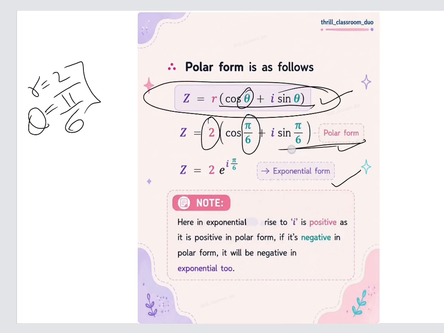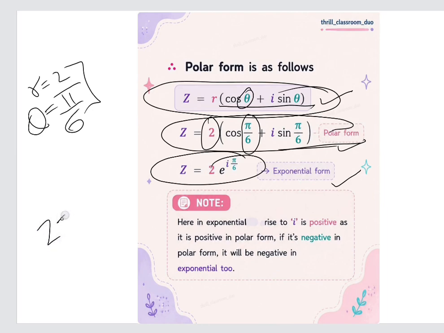And hence we got the polar form. And the same you can do with the exponential form. The formula for exponential form was z equals r into e raised to i theta. So just put up the value of r and theta.